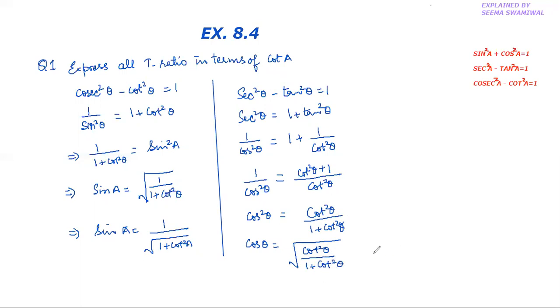On further simplification, you will get cos theta is equal to cot theta upon under the root 1 plus cot square theta. Similarly, you are able to get the relation between all the trigonometric ratios and cot theta. So try them yourself.